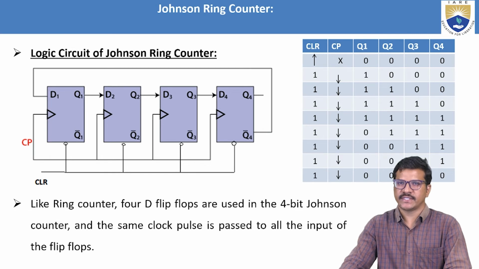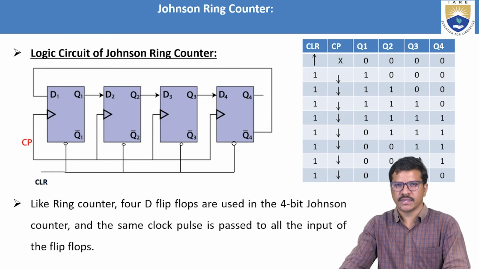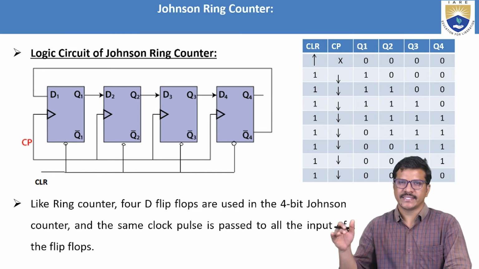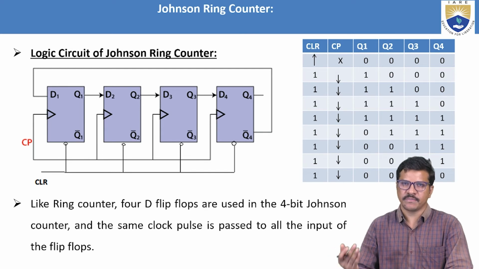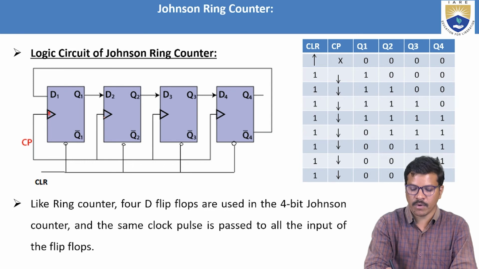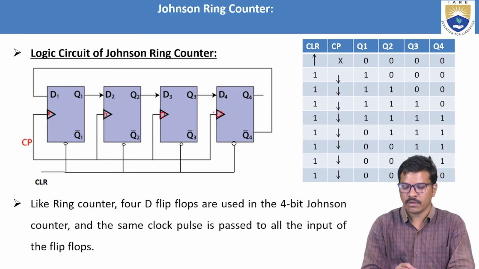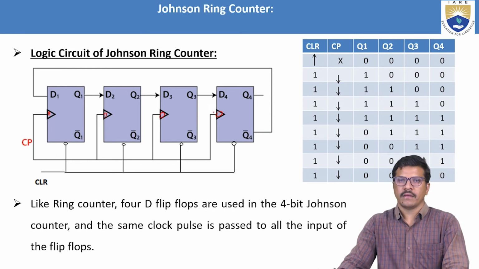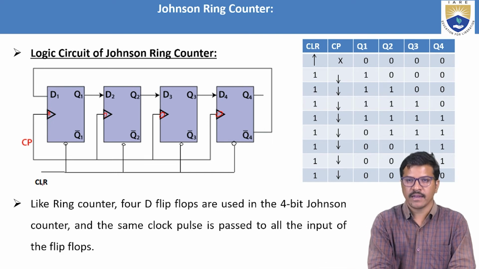Logic diagram for the Johnson ring counter. As we observe, take 4 flip-flops connected in series, and apply the clock pulse to all the flip-flops. If it is positive edge, fine; otherwise if it is negative edge, we can take the bubble. And we provide the clear.